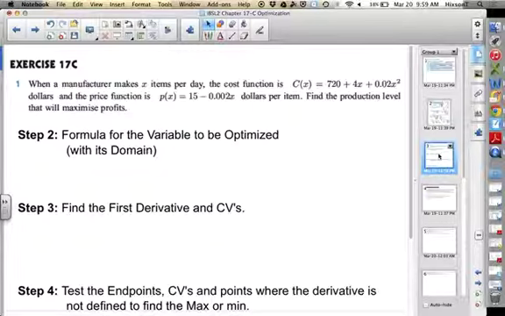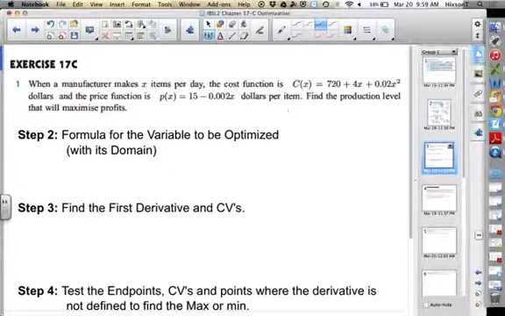What are we trying to optimize here? We want to optimize the profits.